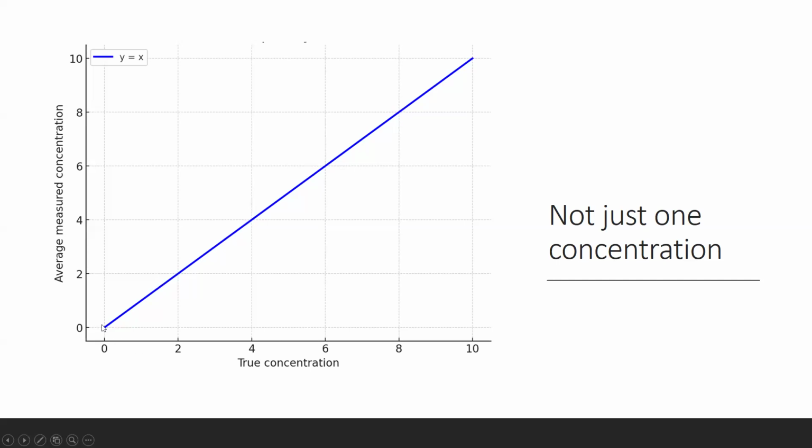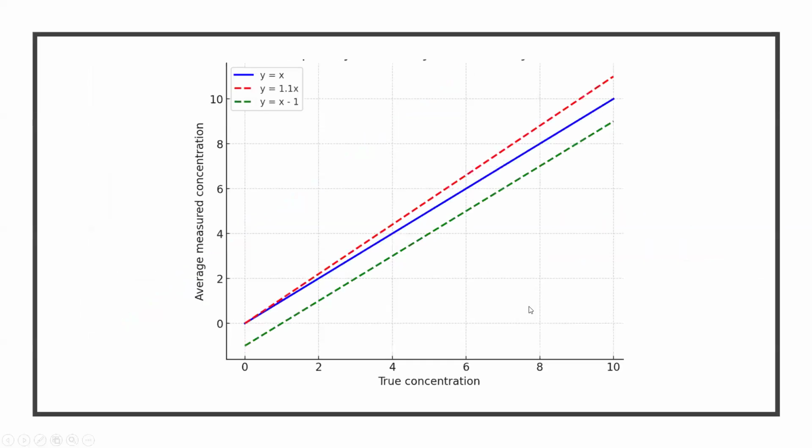If our line here runs at unity, so y equals x, so for a true concentration of 2, you get a measured concentration of 2, for a concentration of 8, you get 8, then there's no bias between the methods.